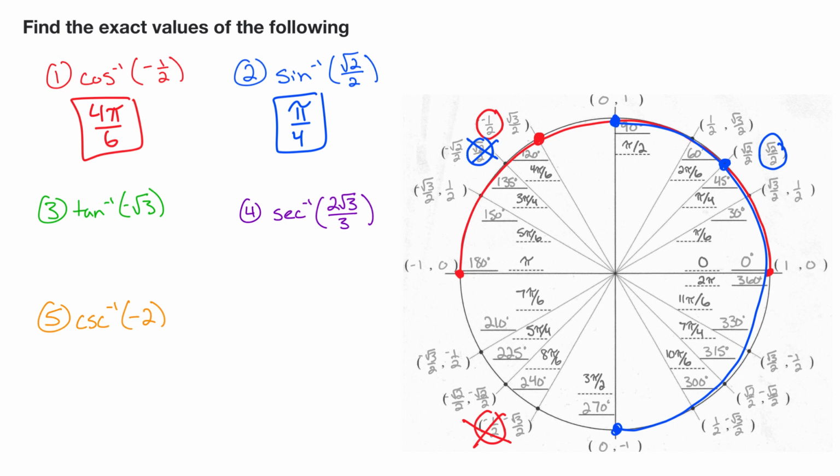Problem 3, tangent inverse. It is saying, when is the tangent function going to output an answer of negative root 3? Tangent will output an answer of negative root 3 when it becomes negative root 3 over 2 divided by 1/2. So it's when the sine value is negative root 3 over 2.